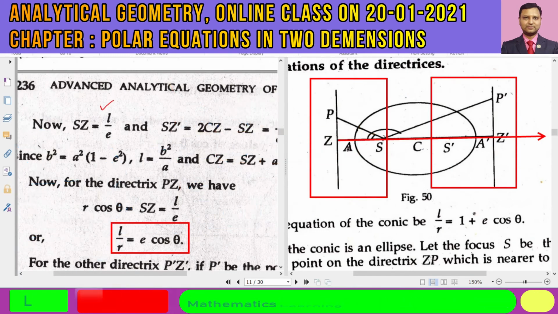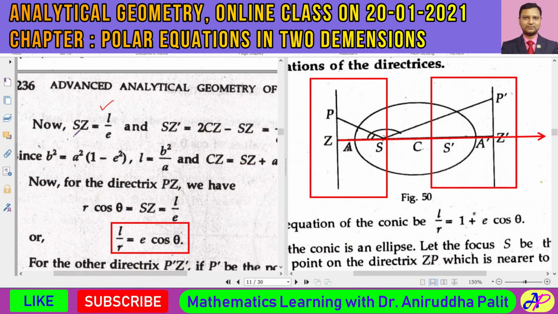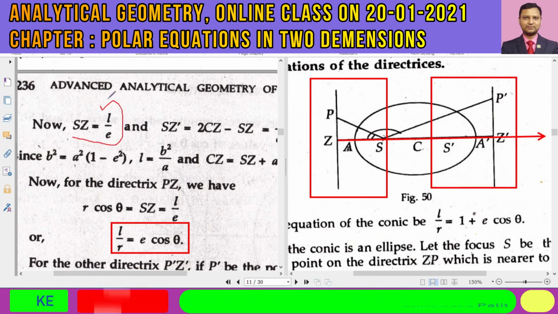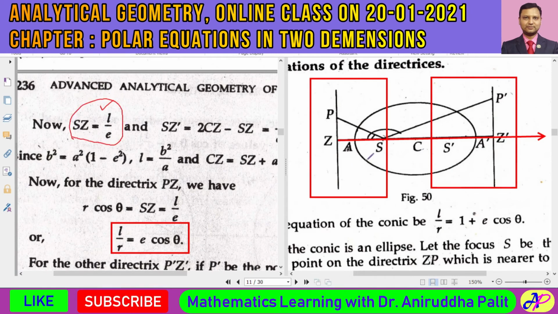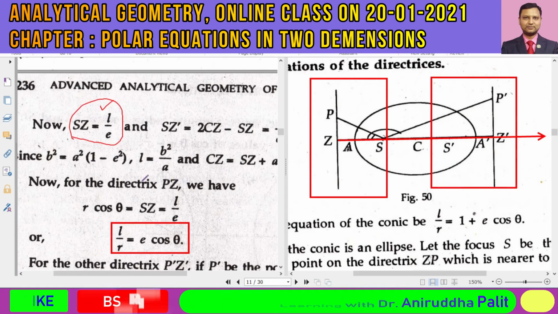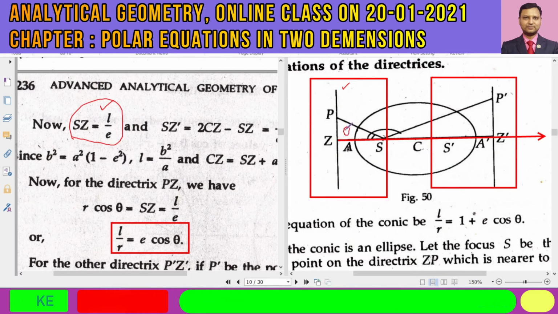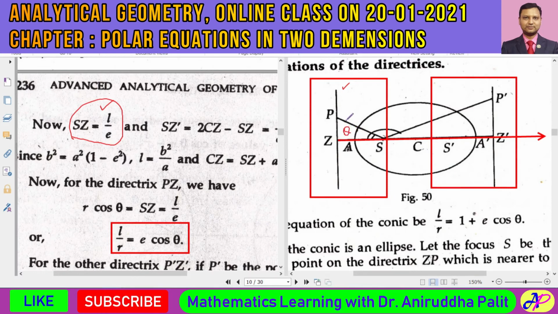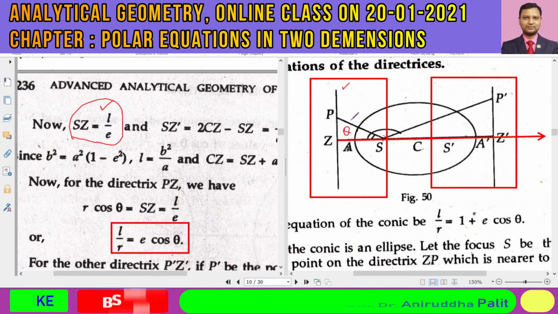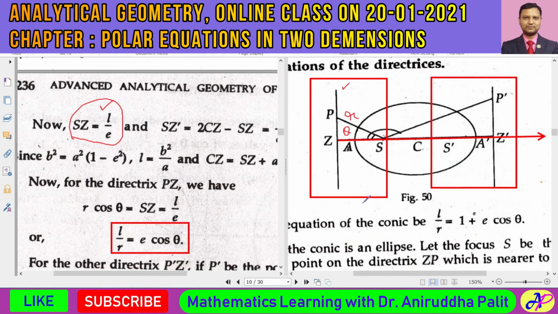Let me hide this result. This distance SZ would be equal to L by E. Ultimately by computation you will be able to compute the result, SZ is equal to L by E. And from this, for this directrix PZ, this angle is actually our angle theta. This much length PS is equal to the length R. Got it?